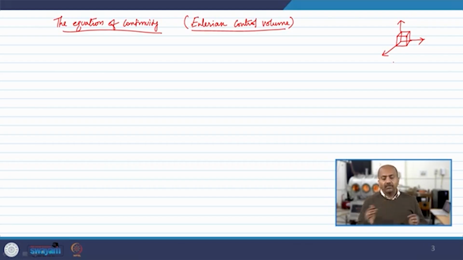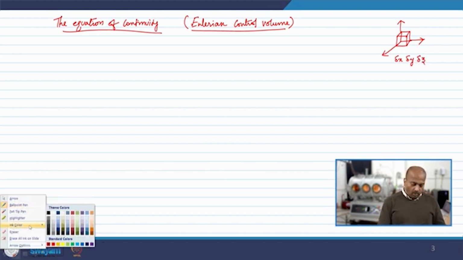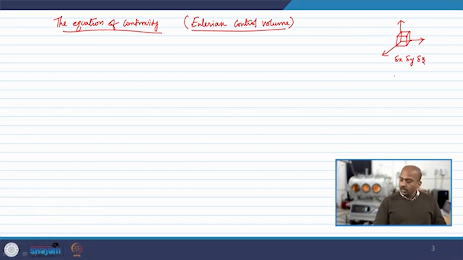So, that is the basic definition of an Eulerian control volume. Since it is a fixed space, we can assume it to be having sides delta x, delta y and delta z, which means the volume of the fluid, delta V, is delta x, delta y, delta z.